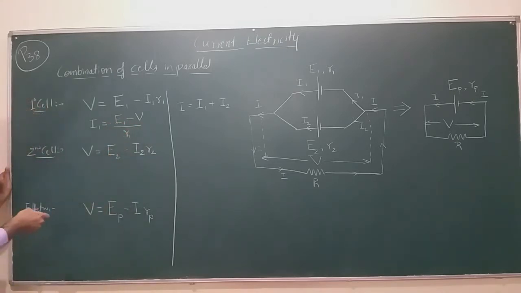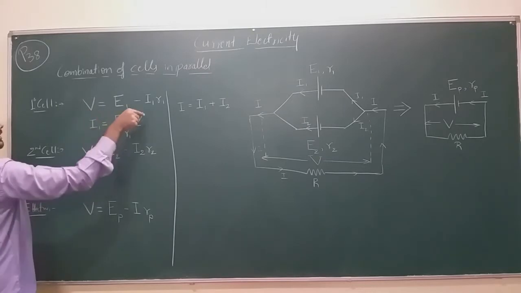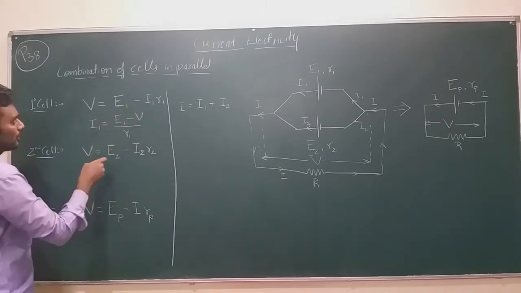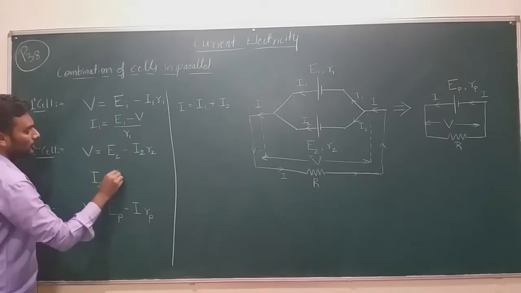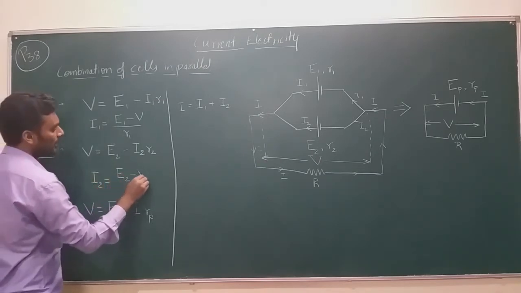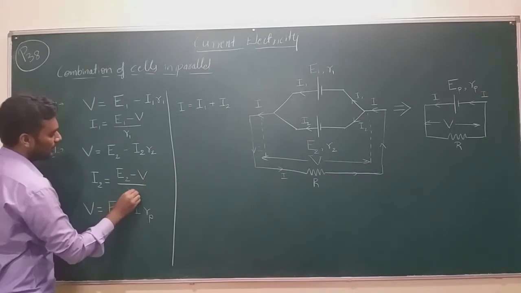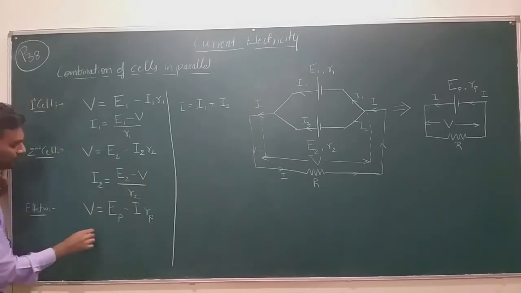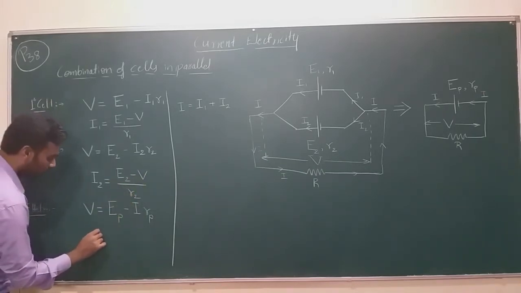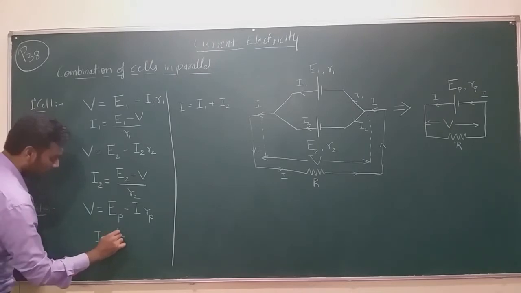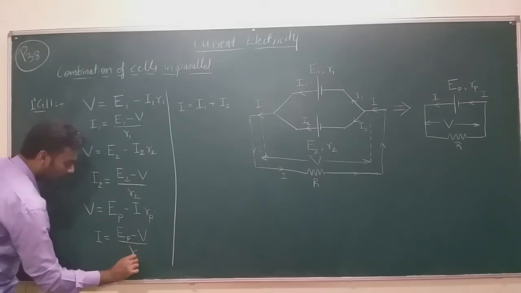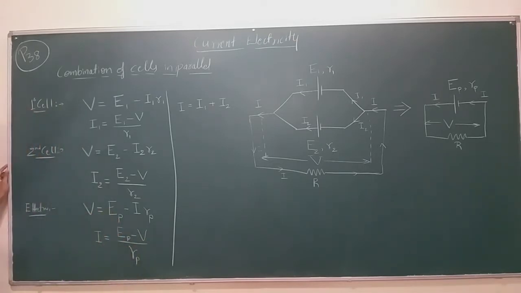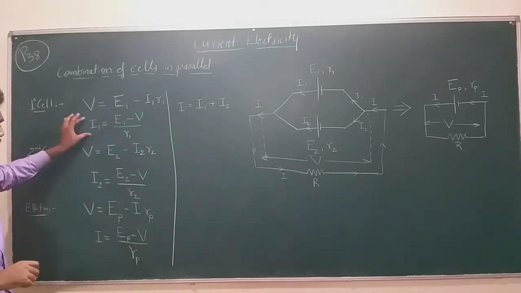This part comes here and R1 goes to the denominator. Similarly, I2 is equal to E2 minus V divided by R2, and for the effective cell, I is equal to EP minus V divided by RP. So these are the expressions for I1, I2 and I.